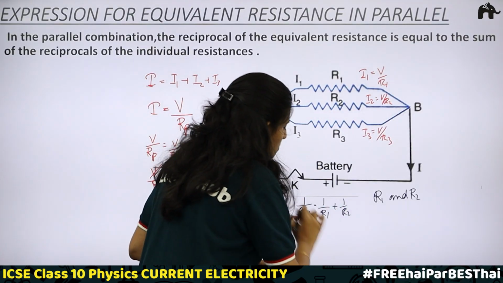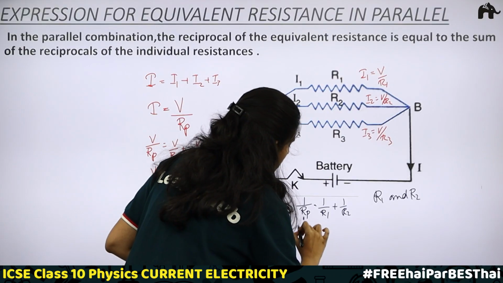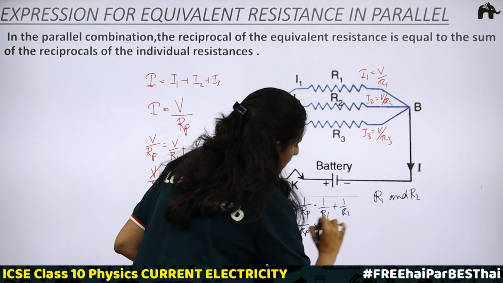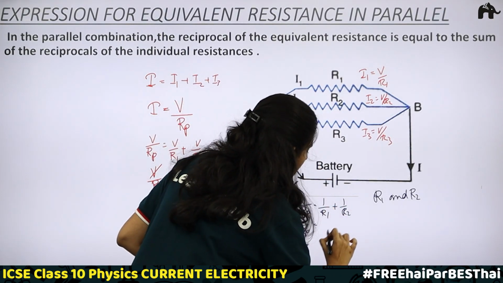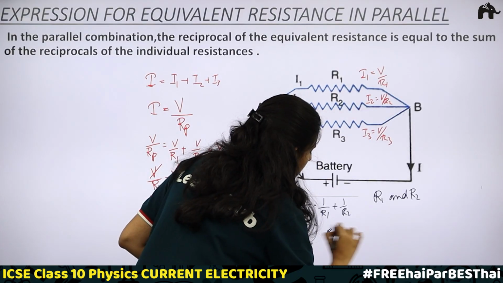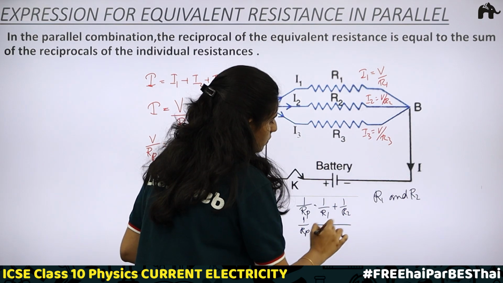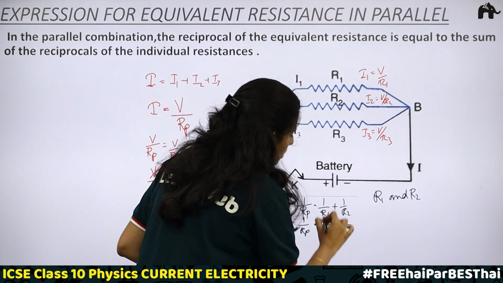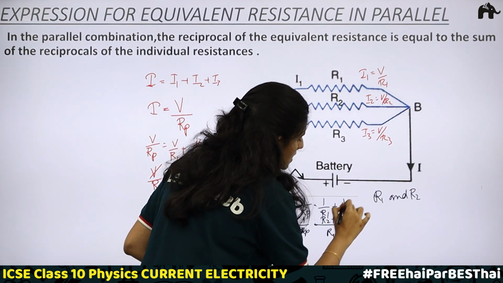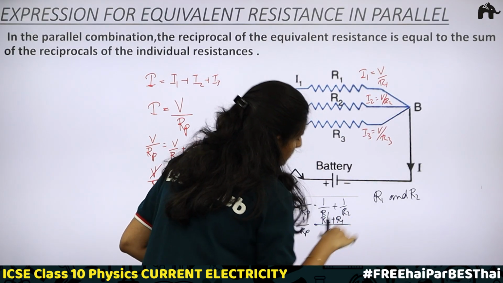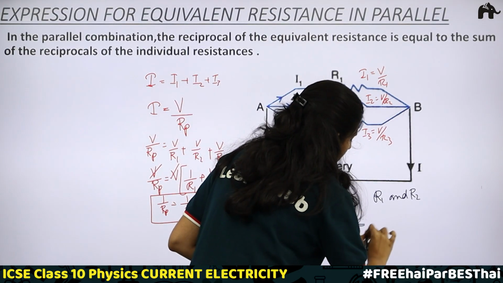Now here a simple formula can be formed. 1 by Rp will be equal to, taking the LCM of denominator, we get R1 R2 in the denominator. Numerator: R1 into 1 is R1, R2 into 1 is R2, so R2 plus R1. Okay, so what is Rp then?